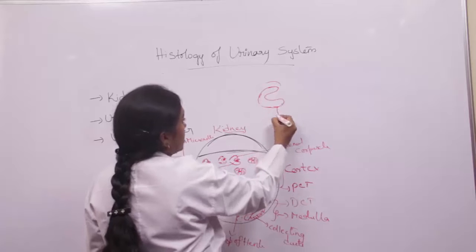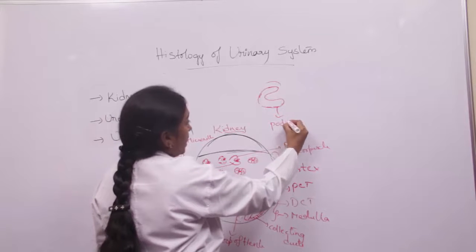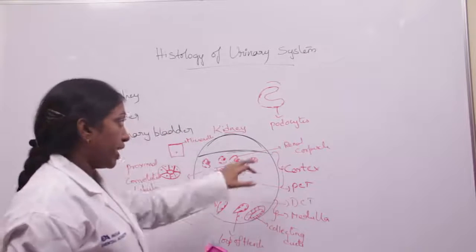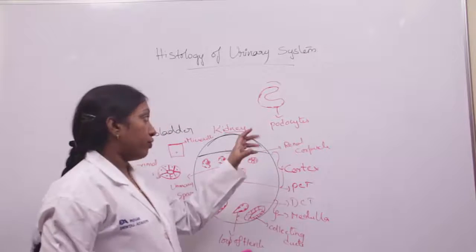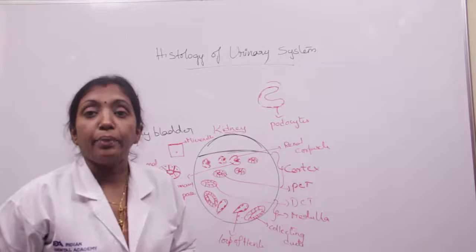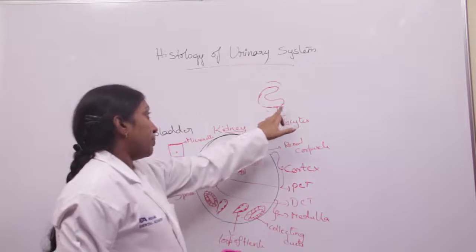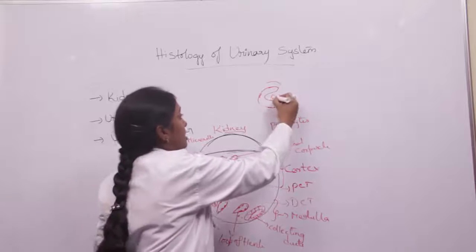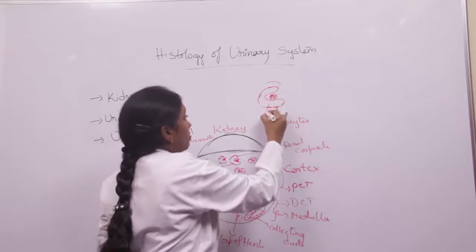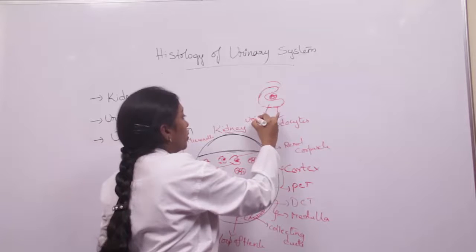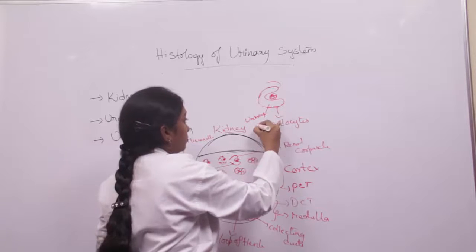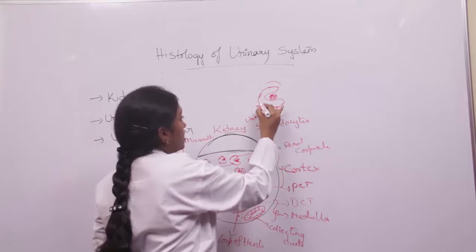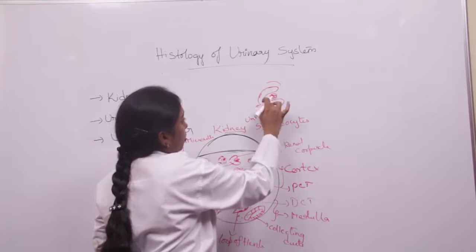These flattened epithelial cells we call podocytes, because when we take a microscopic section, they have foot-like projections. The tuft of capillaries is situated here, and the space here we call the urinary space, and this is the lumen of the Bowman's capsule.